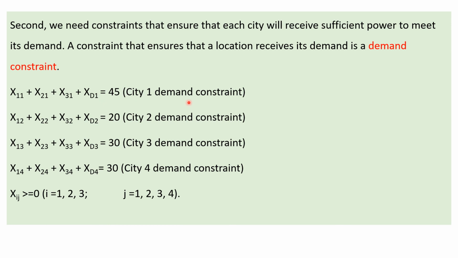That means the city 1 demand constraint. And the same is true for the remaining cities. This constraint is expressed with equality.